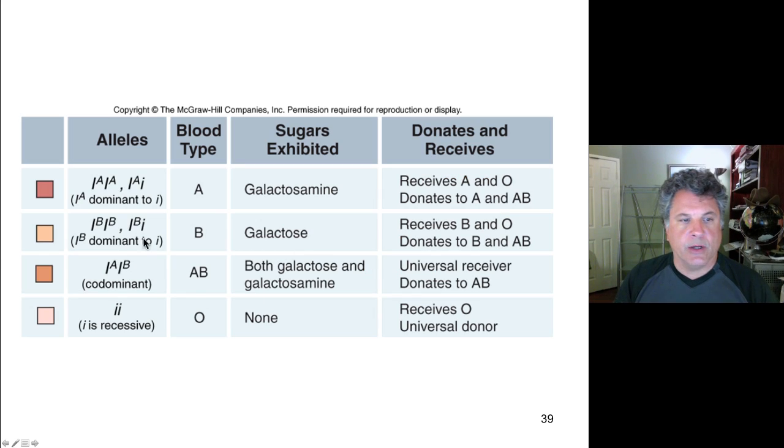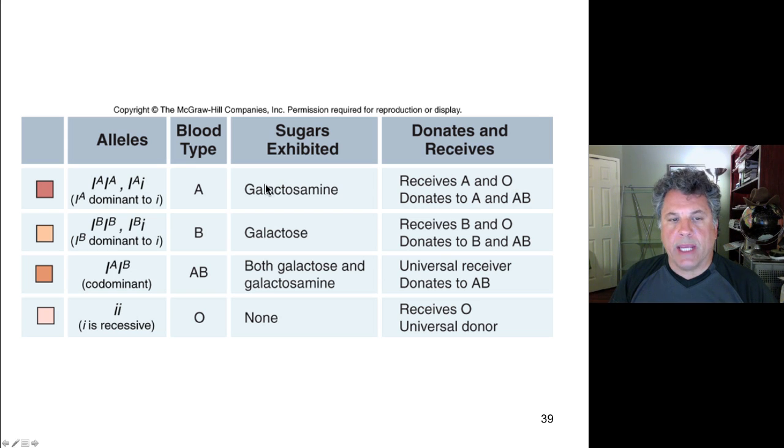So if we look at this a little in terms of the transfusion purposes, we see that blood type A can receive A blood because it doesn't make anti-A antibodies, and it can receive O blood because the O blood doesn't have any proteins that would cause the immune system of the A individuals to recognize them as foreign.